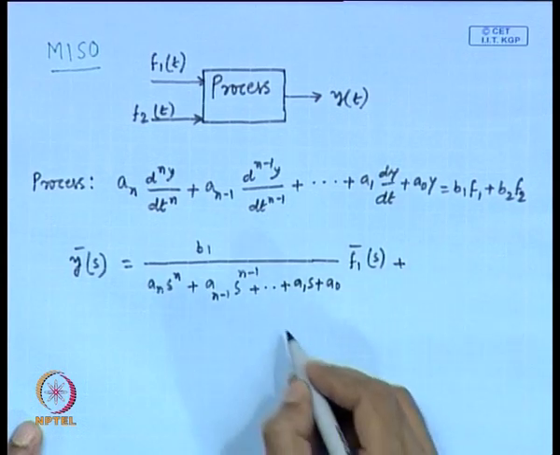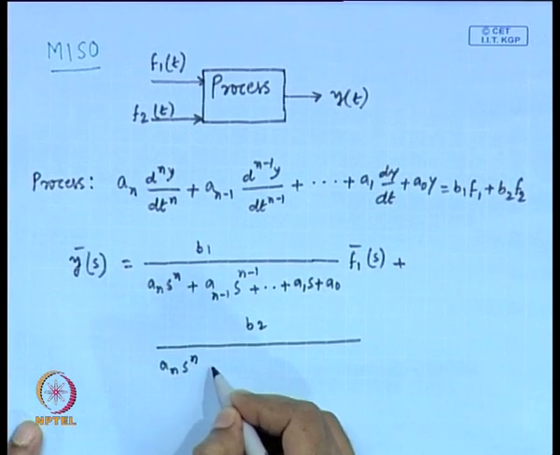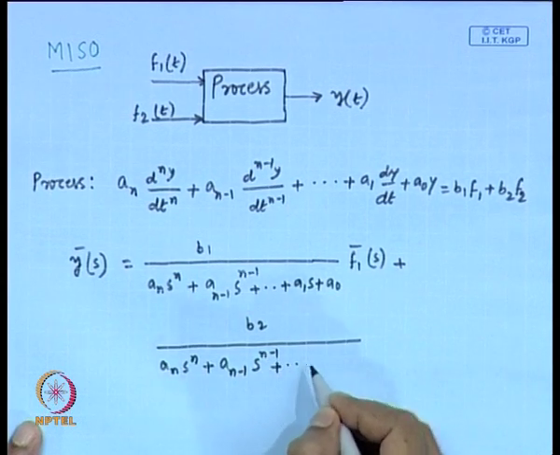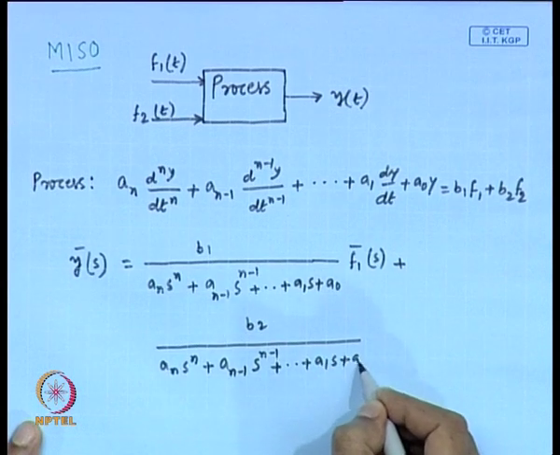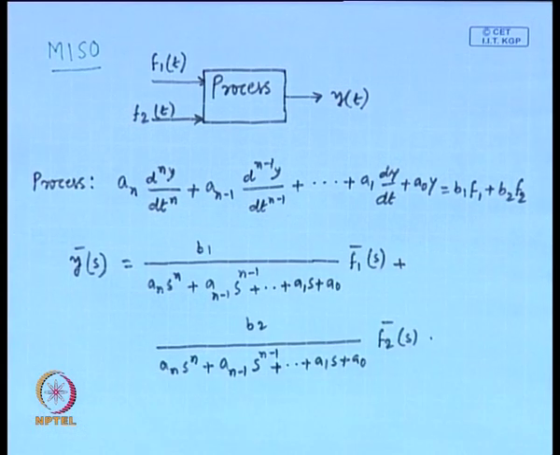Another expression will be b_2 divided by a_n s^n plus a_(n-1) s^(n-1) plus ... a_1 s plus a_0, times F_2 bar(s). In this discussion you remember that y and f both are deviation variables. So, this is the representation in S domain of the linear model or linearized nonlinear model.